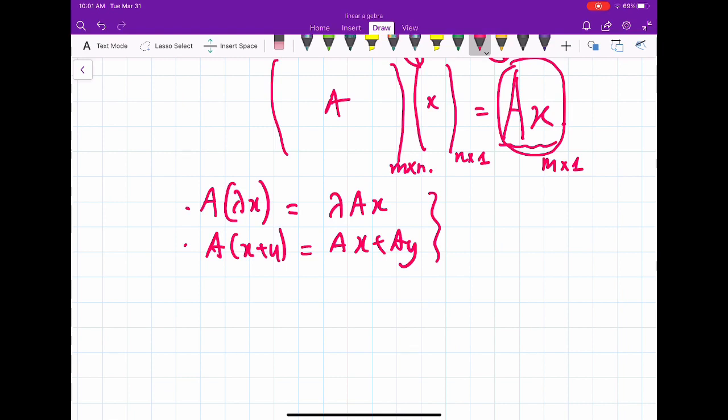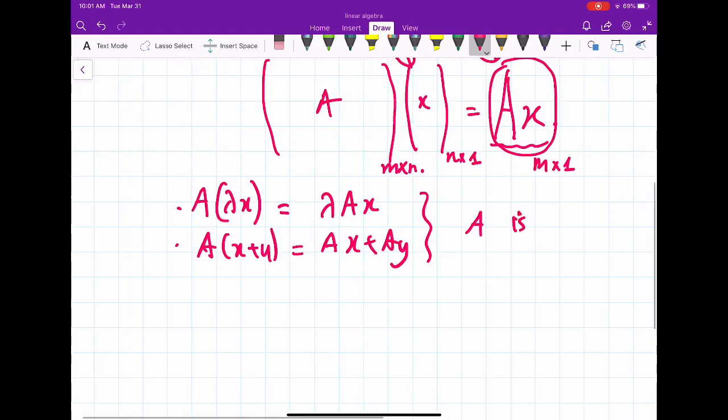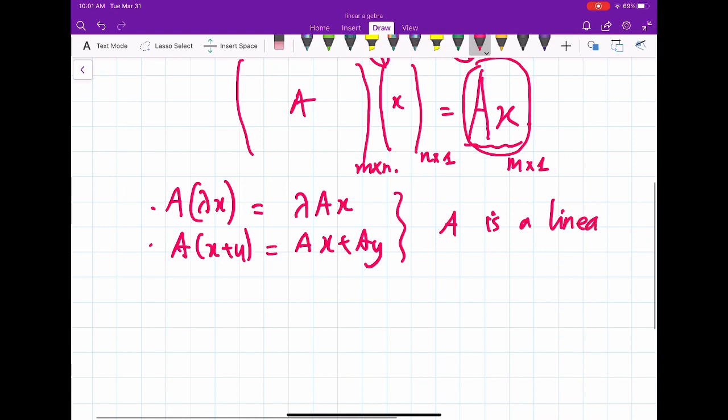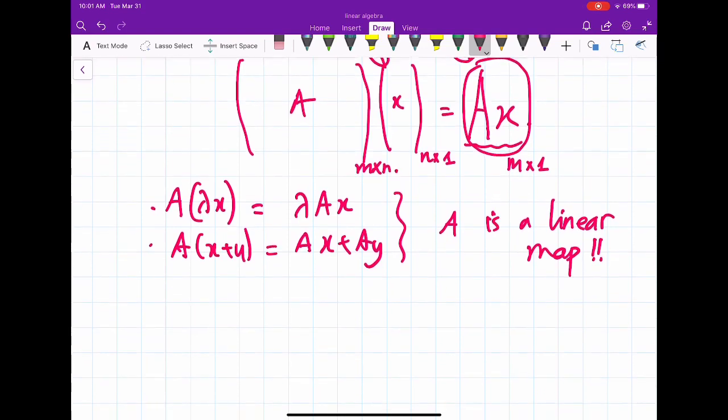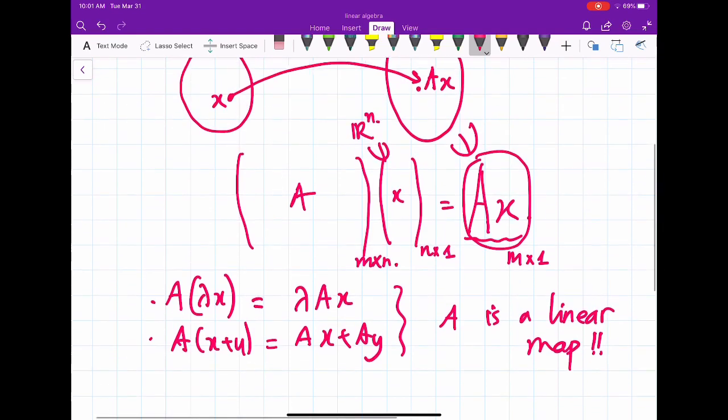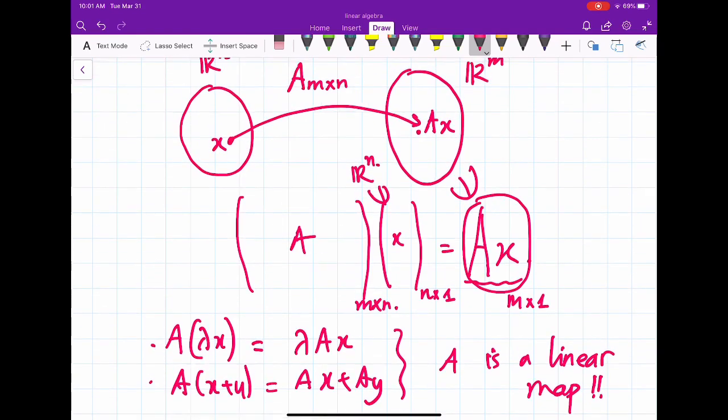So from that point of view, A is a linear map. That's why we can consider a matrix as a linear map, and we call such linear maps linear transformations. Make sense? Because we transform one vector x into another one. That's why we have the term transformation. Okay?